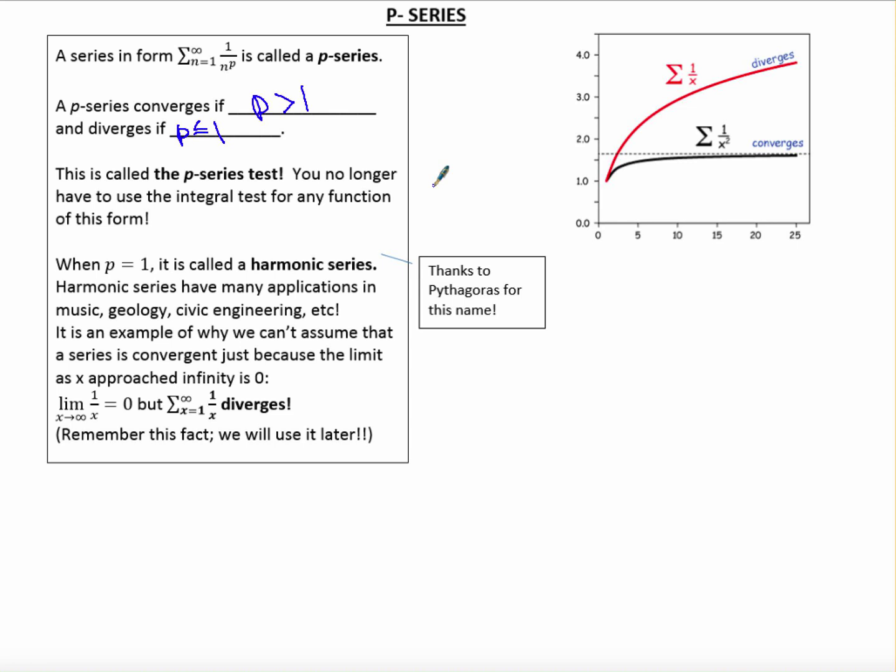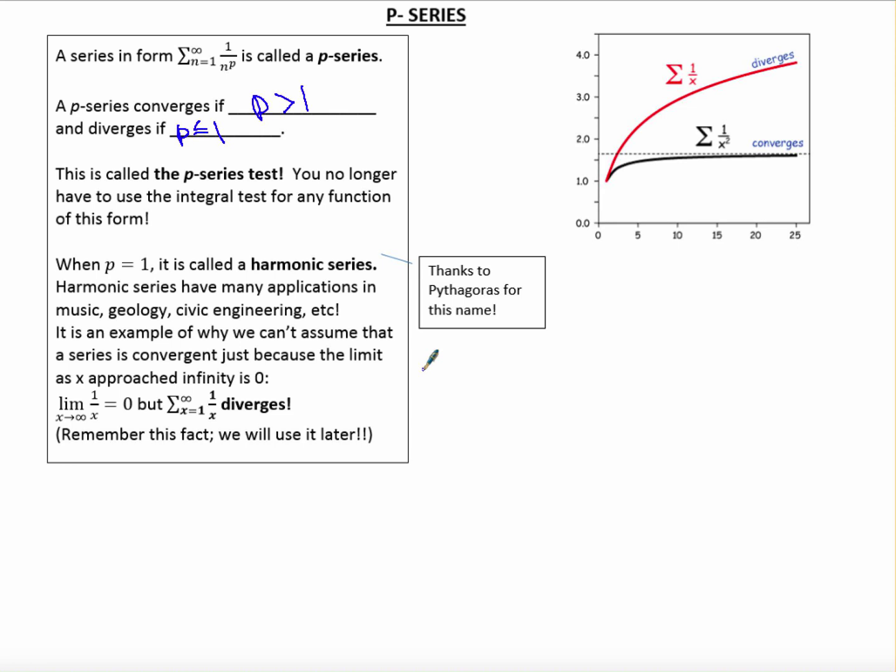Now there's a special form, the situation when p is actually equal to 1. It's a harmonic series, and it's got lots and lots of useful functions, but most importantly, it's actually the reason why we can't assume a series is convergent just because the limit as x approaches infinity is 0.